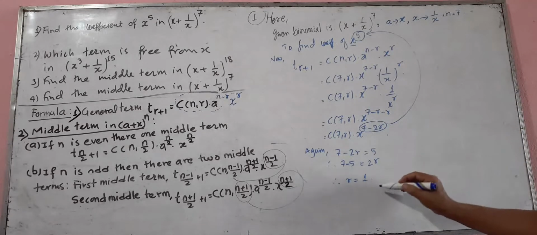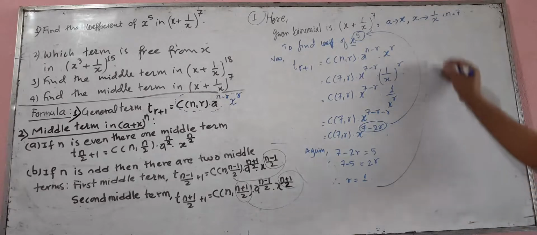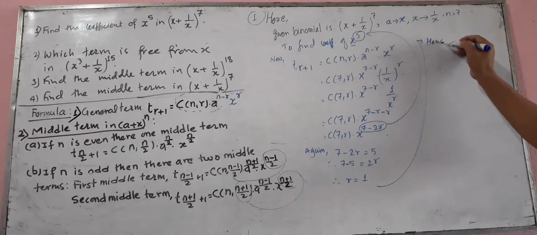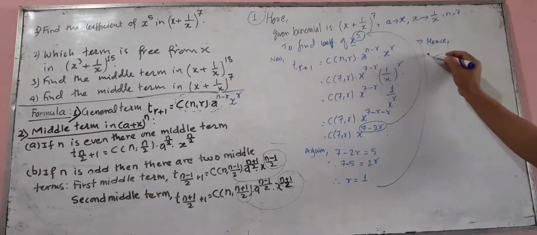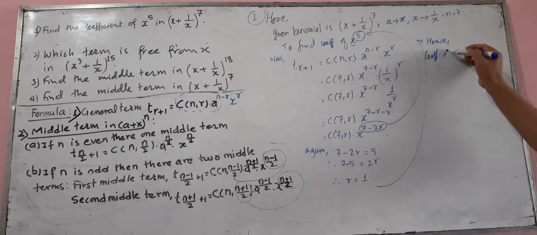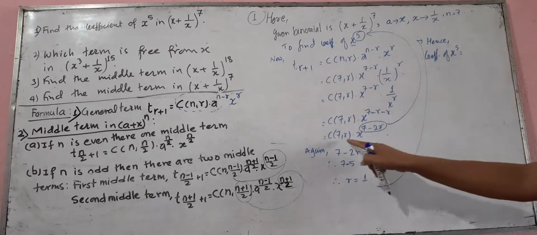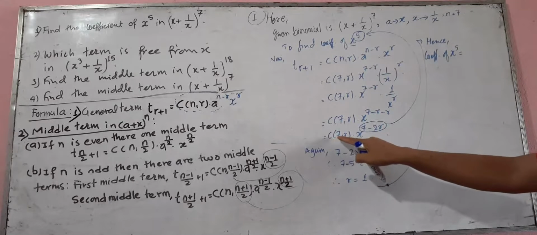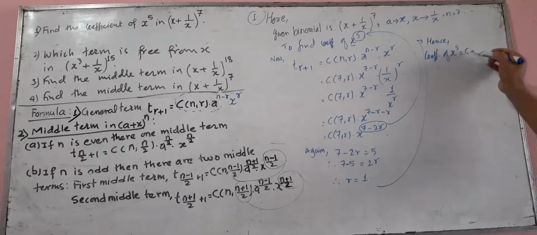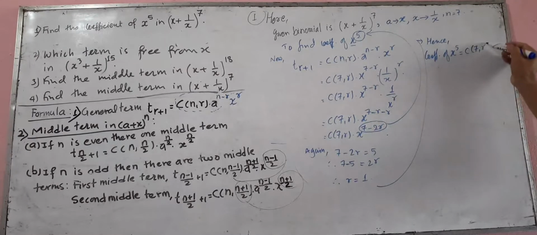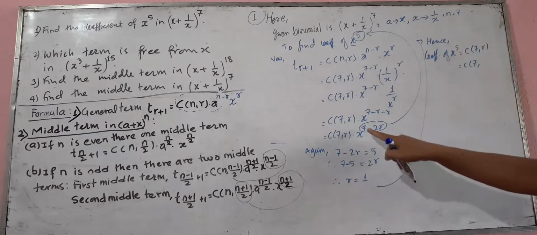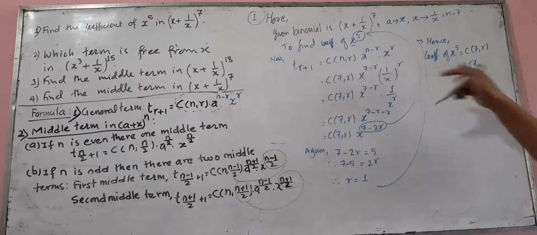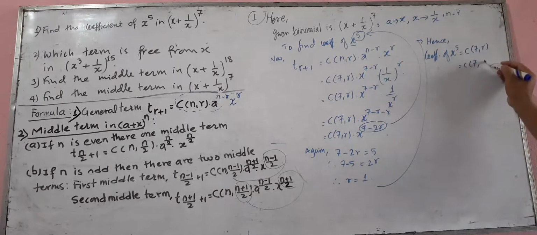So hence the coefficient of x^5 equals C(7,r), that is C(7,1), since when 7 minus 2r is equal to 5, then r is equal to 1.